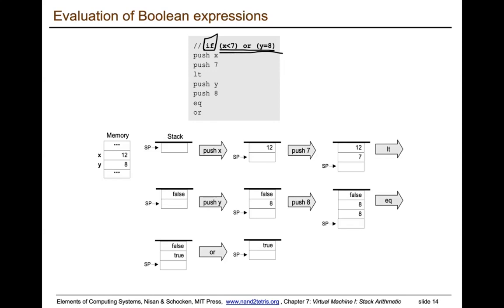Another word, I should say that even when you deal with these Boolean expressions here in the hack machine, it will give you true or false values. But later, when you deal with the real computer, it will give you 0, 1 or 0, -1 to show true or false.